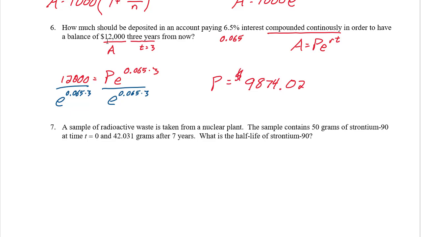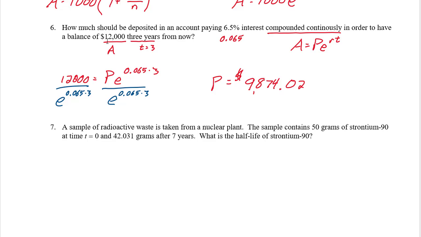So the fact that that came back less should be reasonable, because obviously if I invest a certain amount and I want it to turn into a higher number, or investment should turn into higher numbers, so had I got an answer that was, say, more than 12,000, that would be a little bit peculiar.